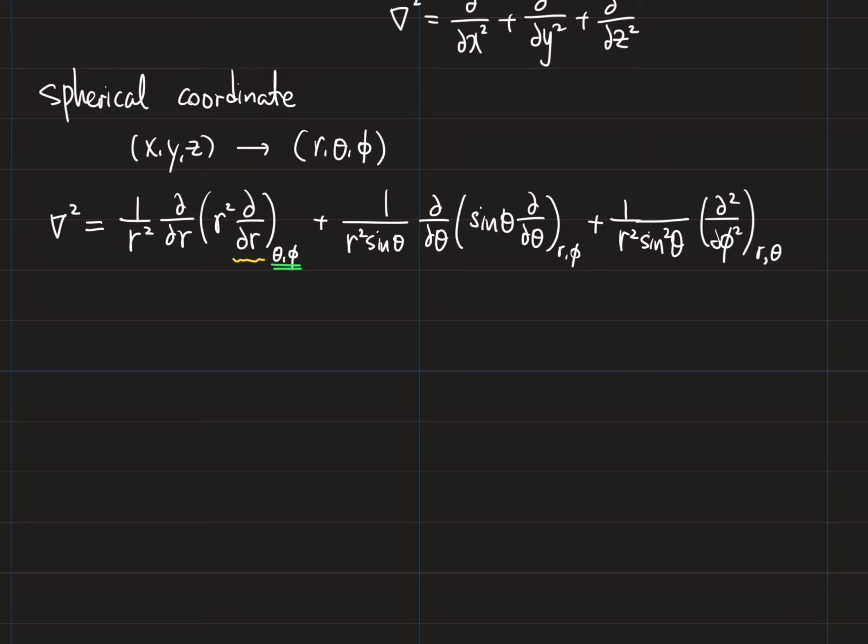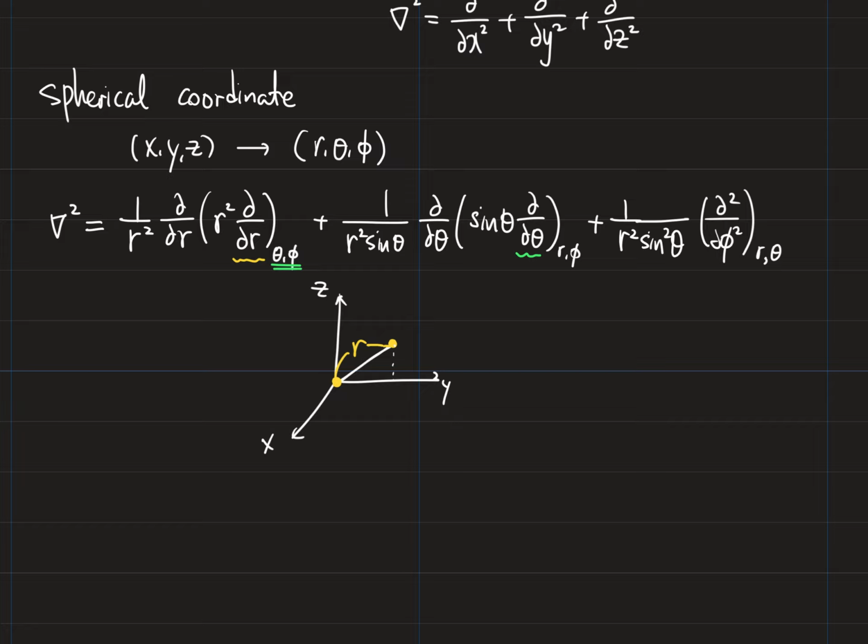And the second term is about the angle theta. So angle theta is defined as the angle between the x-axis and your xy projection. If you have an arbitrary point in xyz coordinates, you can always calculate the distance between the origin and your point of interest. This is r.